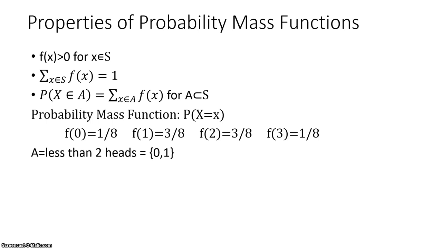So if we want to find the probability that we have less than 2 heads, we can just add the probability that we have 0 heads and the probability that we have 1 head. So if we add those up, we get the probability of A. The probability of having less than 2 heads is 1/2.